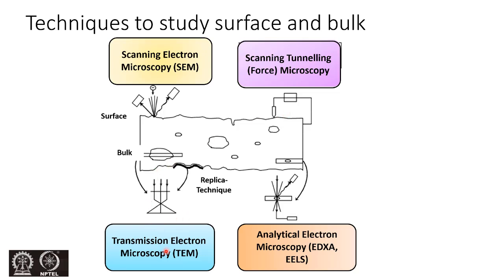Then transmission can give us the morphology of the surface or the bulk if we cut it in a very thin cross section. That material can be used for the TEM analysis. And then we have this X-ray based technique. This is again from the bulk. If we cut a sample, we can analyze it using the X-rays.